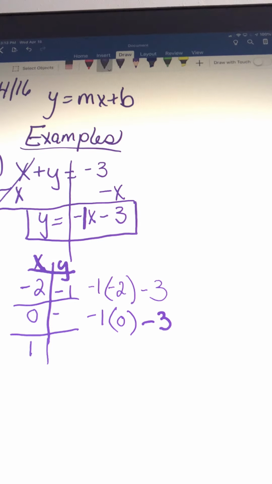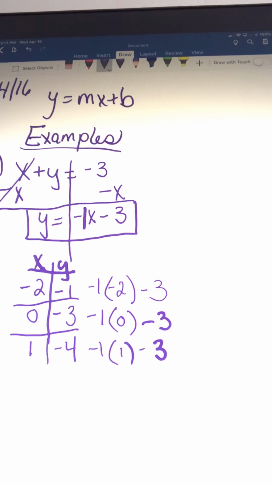Minus 3, -3. Now take the +1. -1 times x is 1 minus 3. -1 times 1, -1. -1 minus 3, -4.